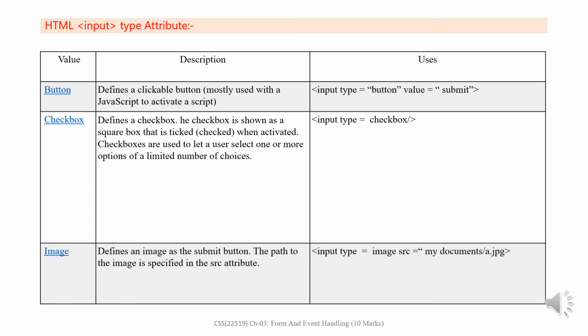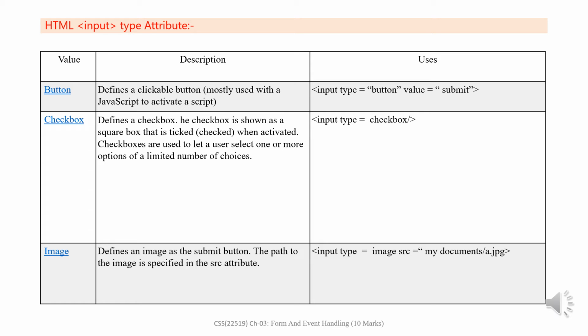Checkboxes are used to let a user select one or more options from a limited number of choices. So we have to tick in that square, and it is used as input type equals checkbox, which simply displays a square checkbox in the output.